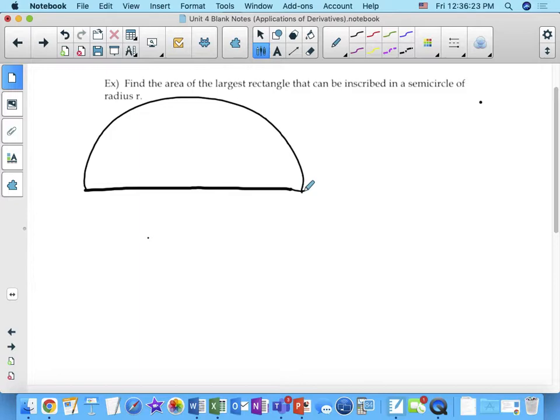We don't know what that radius is, but the radius is set as r, so we need to treat that as a constant.